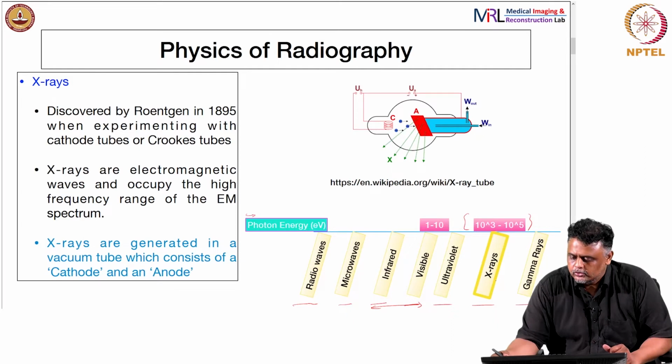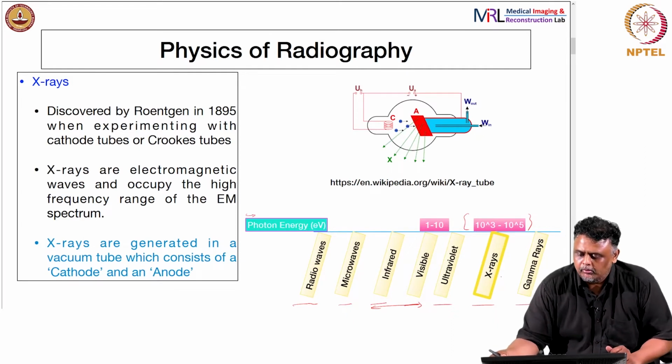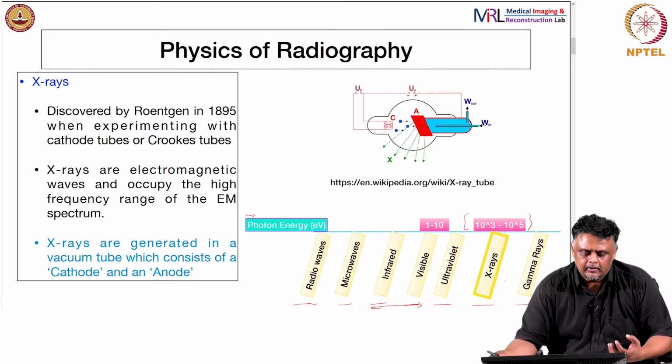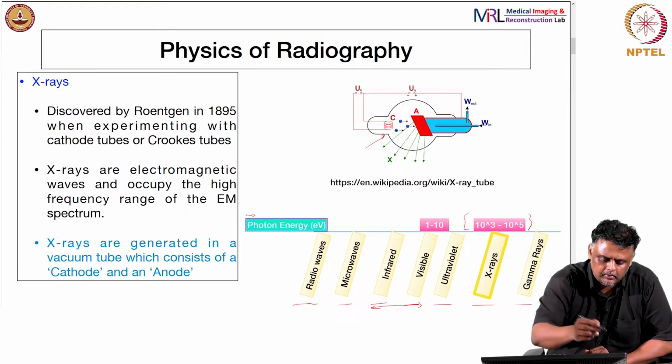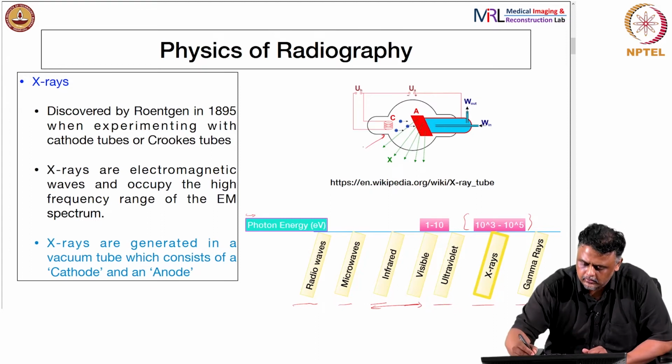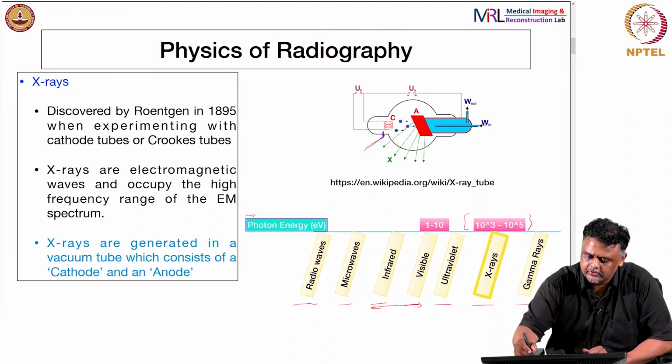Okay. So, how are these X-rays produced in a modern X-ray tube, which is part of an X-ray radiography imaging system? This is basically a vacuum tube which consists of a cathode, basically a filament of wire, which is shown right here.